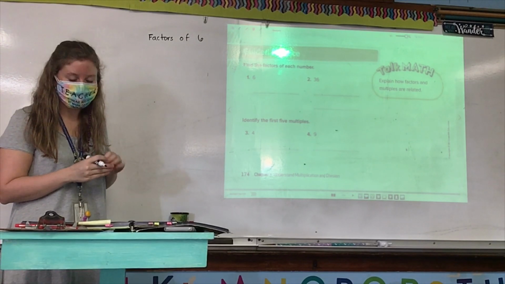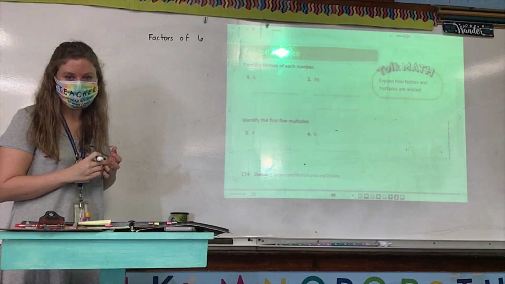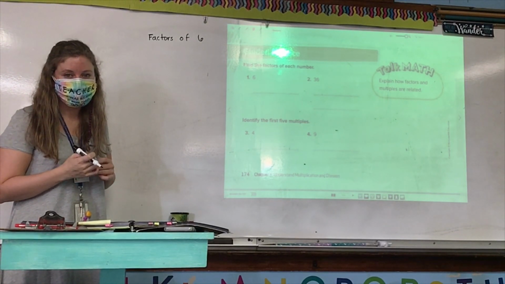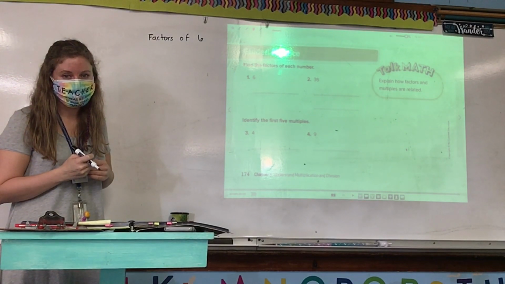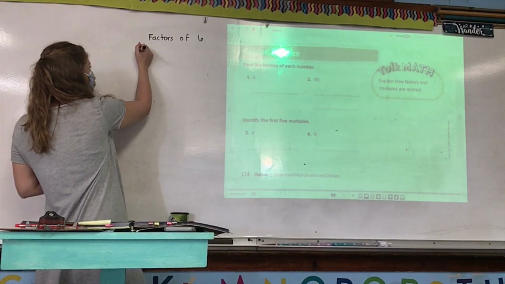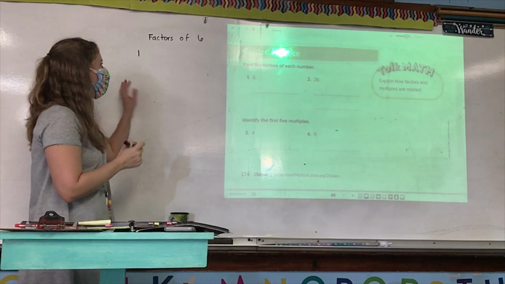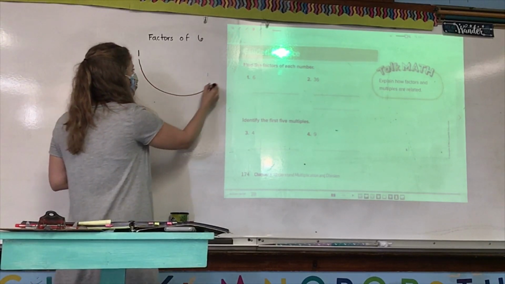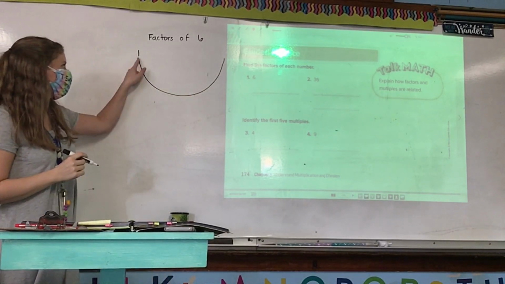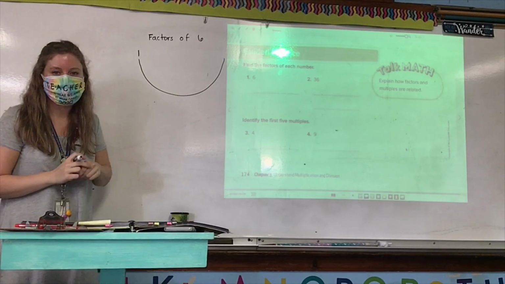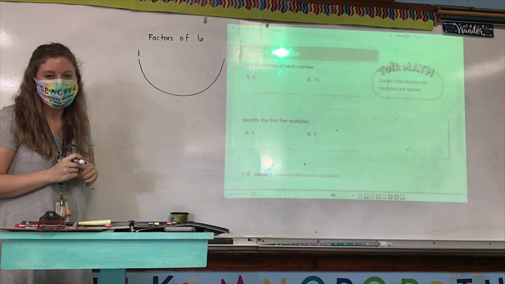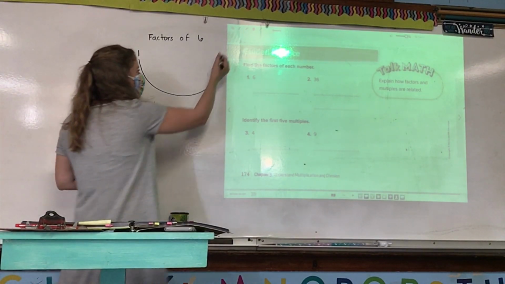The first factor of 6 is 1. 1, very good. Now we have to meet it on the other side of the rainbow. 1 times what equals 6? 6. 6, very good.